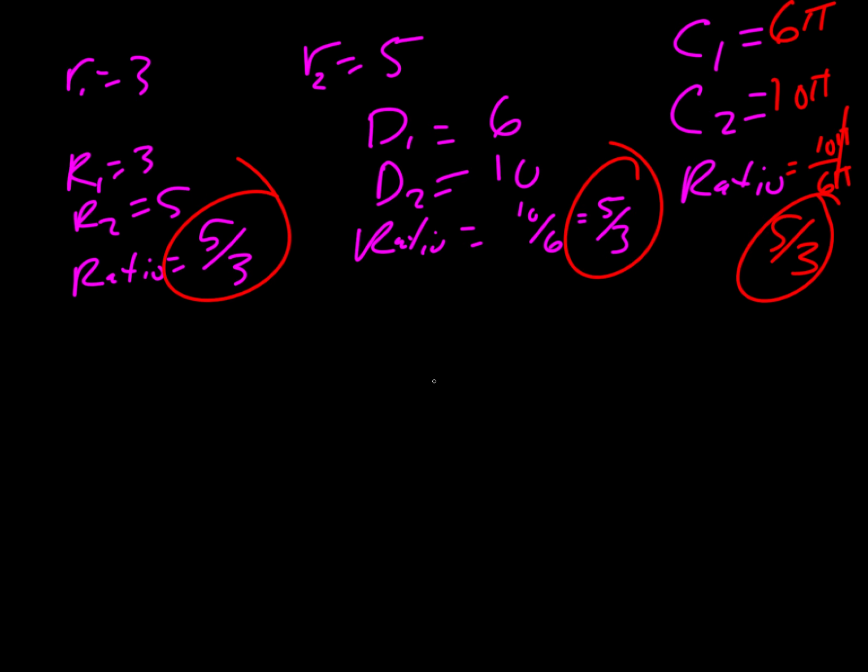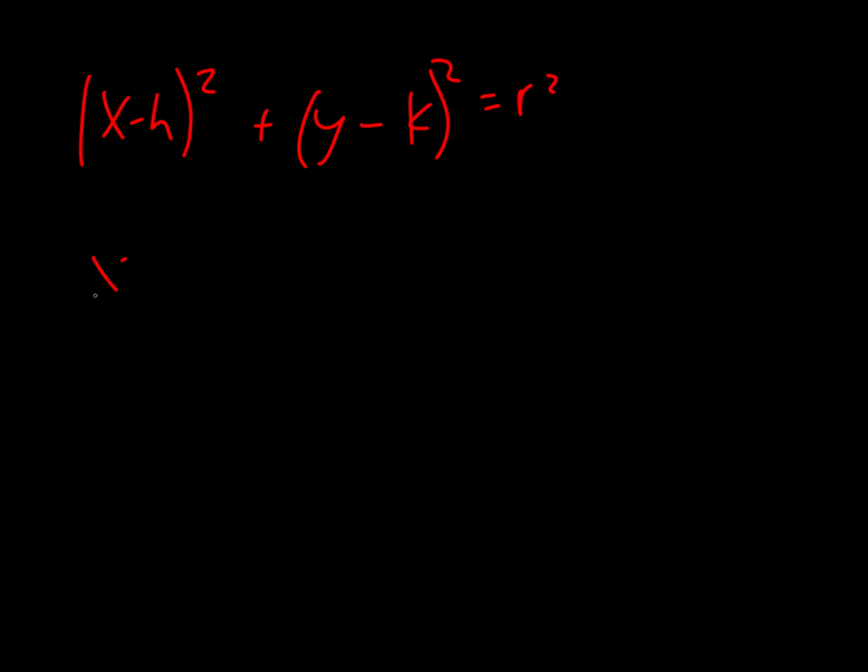Now, another thing we're going to do, I'm going to copy that formula down again. Okay, so we're given this, and we're asked to find the center and the radius.